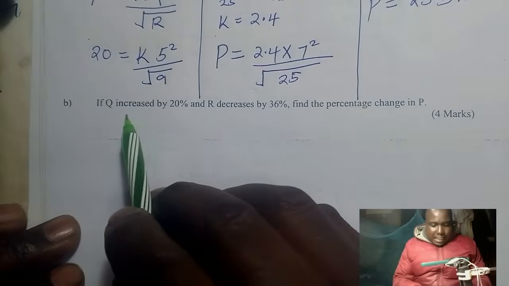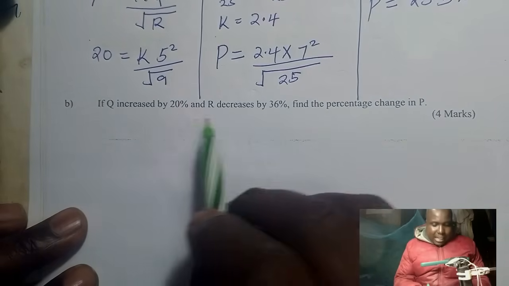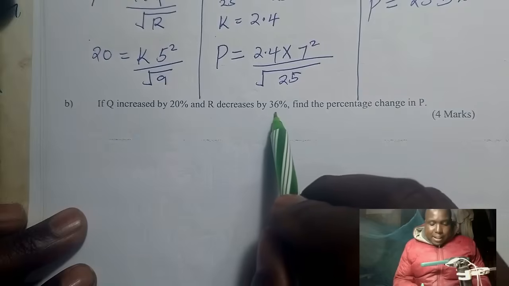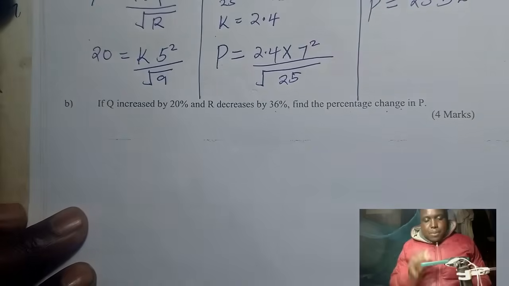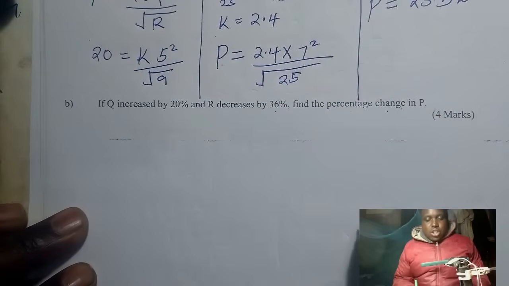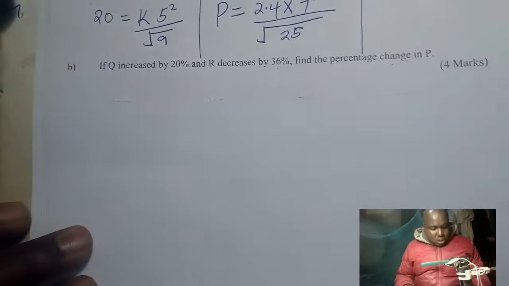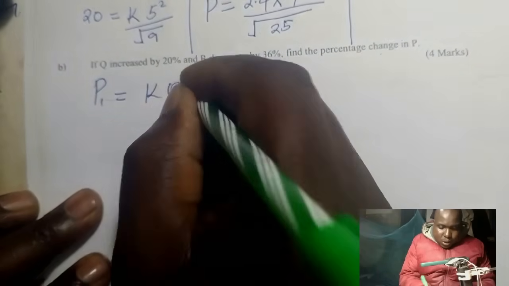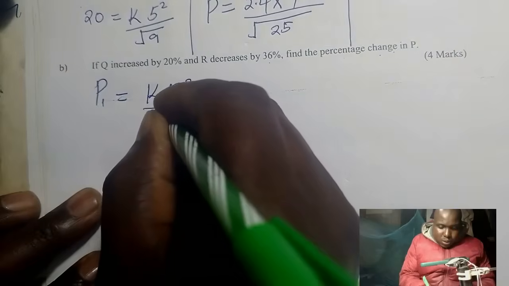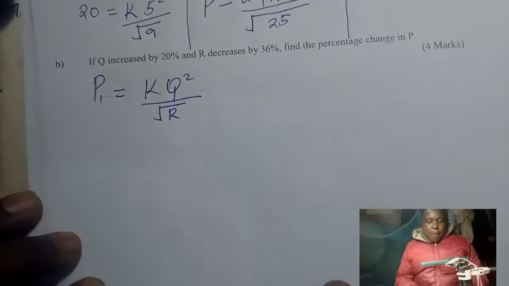If Q is increased by 20% and R decreased by 36%, find the percentage change in P. Percentage change. So to get the percentage change, let us give P1 as equal to k Q squared over the square root of R. That's our P1.